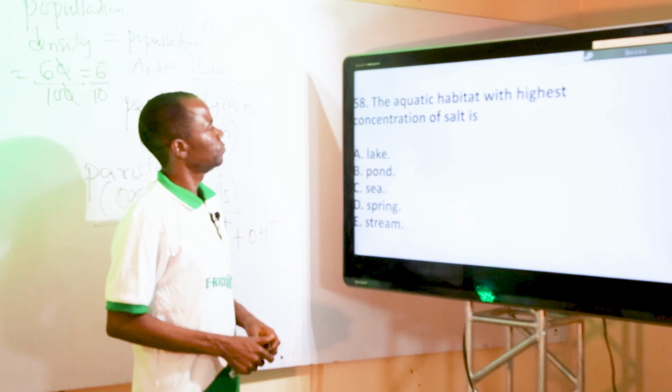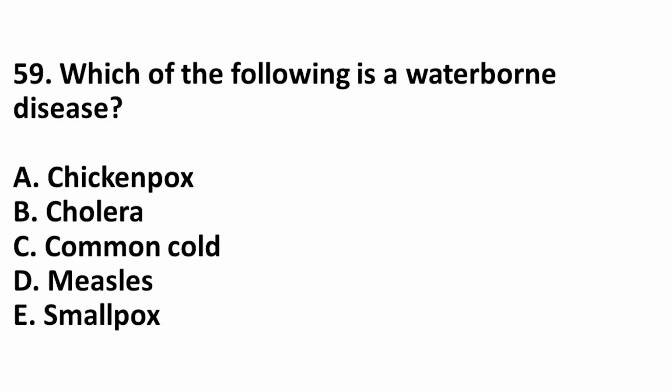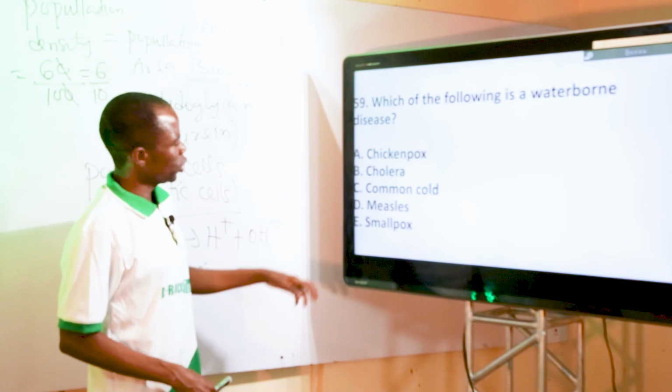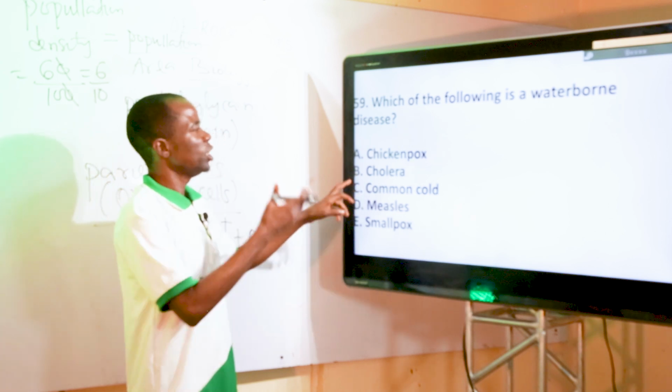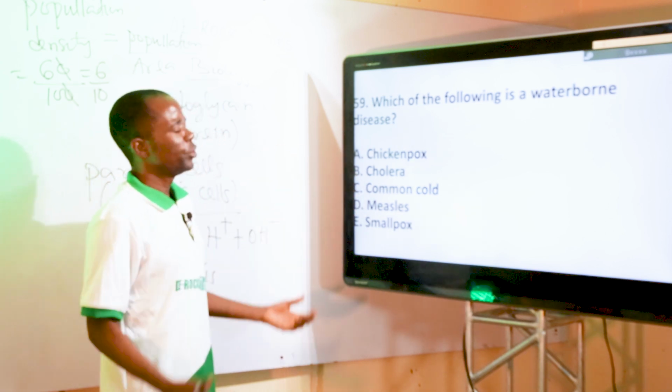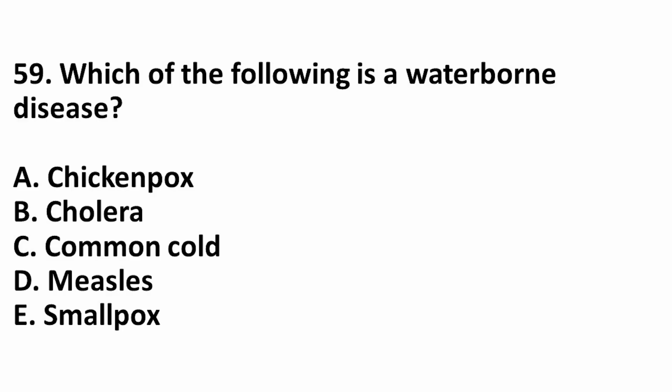Number 59. Which of the following is a waterborne disease? Looking at the options, the obvious choice is cholera. Cholera is one of the waterborne diseases. If you look at the rest of them, chickenpox is a disease caused by a virus. Common cold or influenza is also a viral disease.